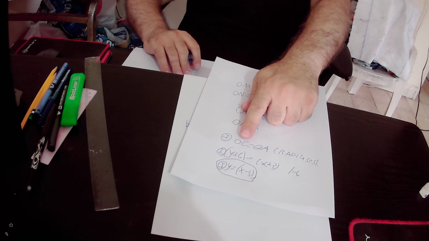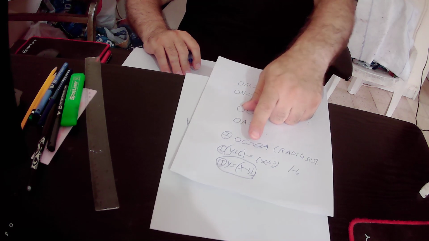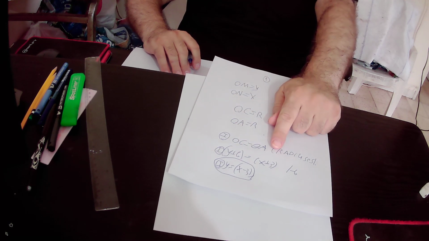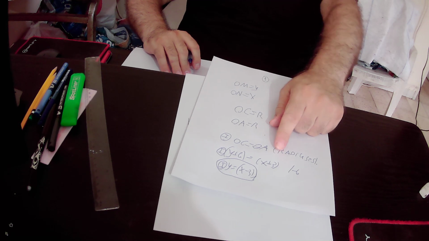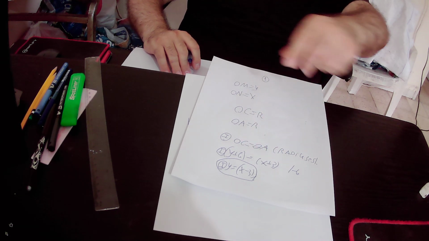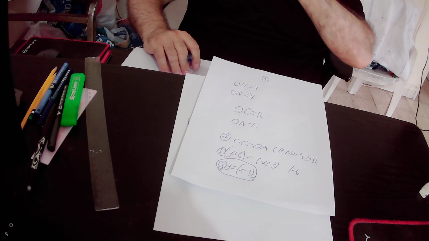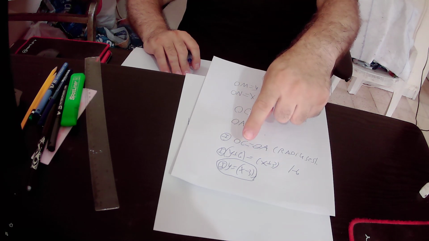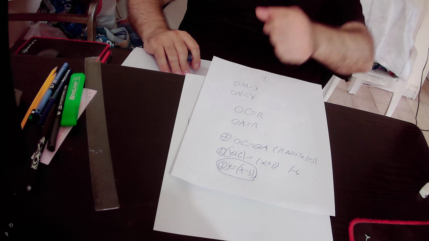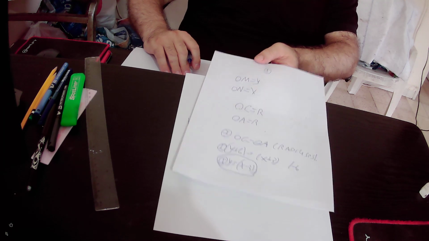Y plus 6 minus 6 equals y, and x plus 3 minus 6 equals x minus 3, because 3 minus 6 equals minus 3. Okay, so in total we got that y equals x minus 3 in the first equation.